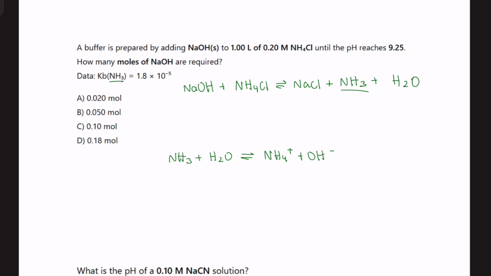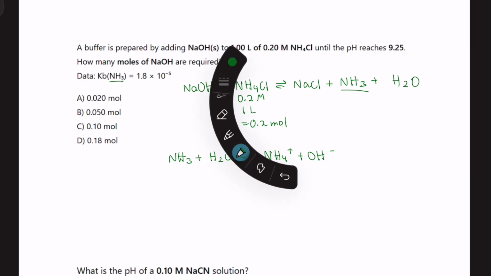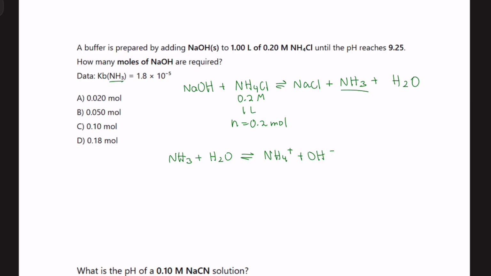So they tell me that I have 0.2 molars and 1 liter. So I know that I have 0.2 moles. I'm just doing the same thing, multiplying concentration by volume. So because I found out that I have 0.2 moles of NH4Cl, that means I will also have 0.2 moles of NH4 plus over here. And I can make a new ice table now.